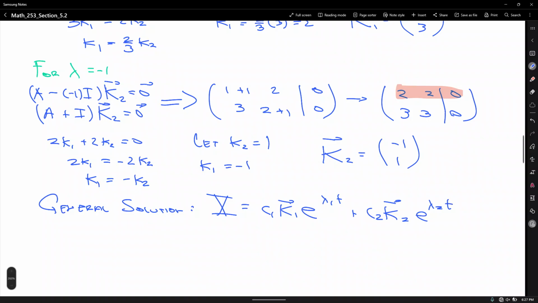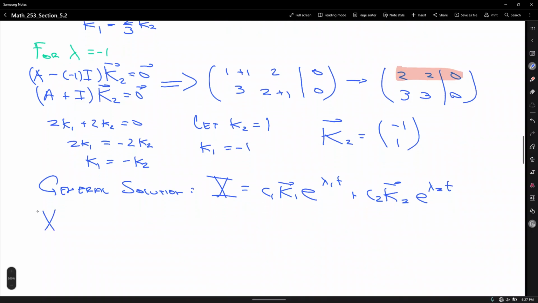We have everything we need. This will be x, fancy x, equals C1 e to the 4t times the vector 2, 3, plus C2 e to the negative t times the eigenvector -1, 1. So that is the general solution.